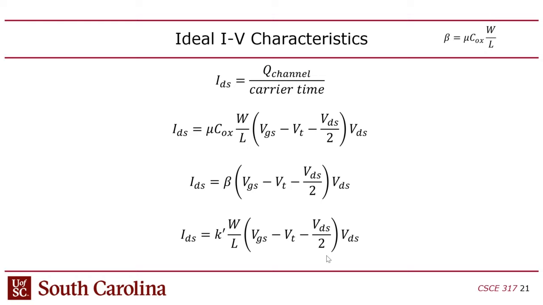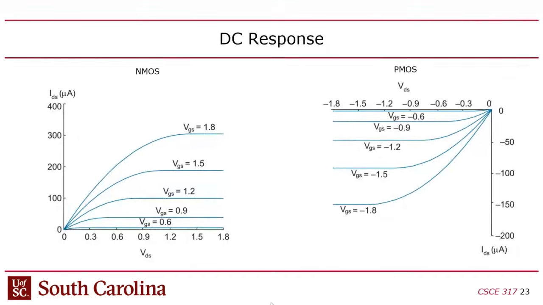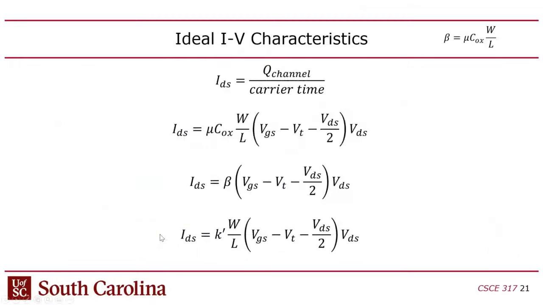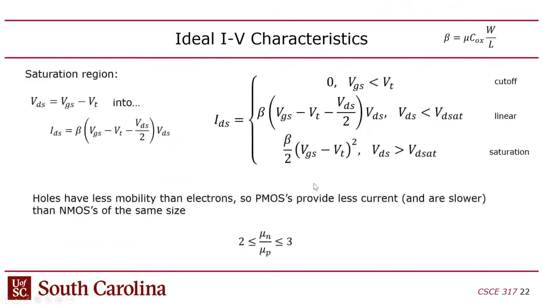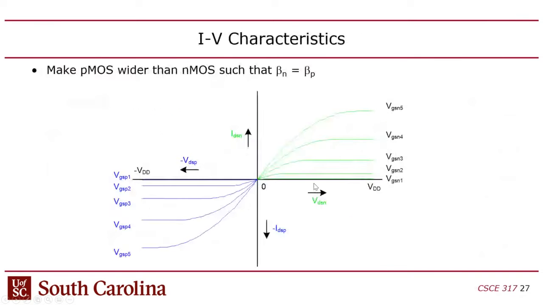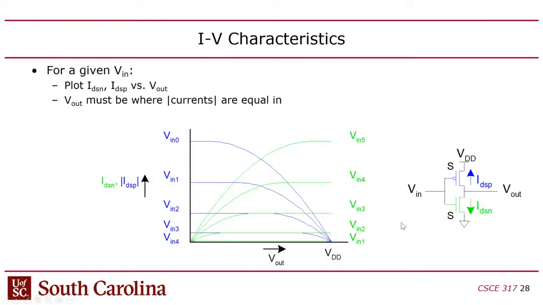If you have beta and you know the gate source, which is these values, and you know the drain source, which is what I'm sweeping, right? This is the drain source. So I've got all the information I need to calculate the current. So I just get the current and plot the current versus drain source voltage.